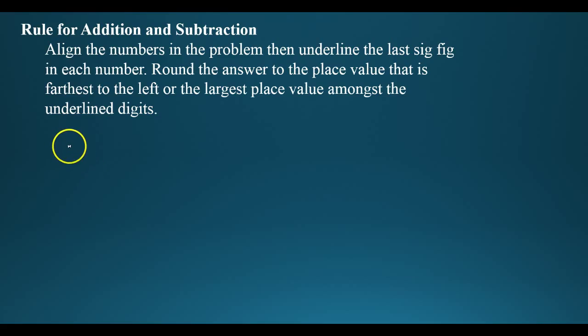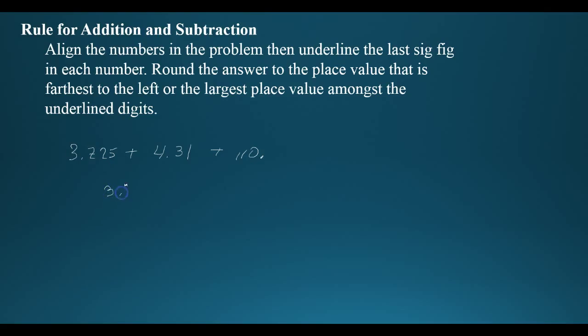So let's take a look at what that looks like. We have 3.725, and we're going to add that to 4.31 and add that to 110 with the decimal place. Now line these up right underneath each other.